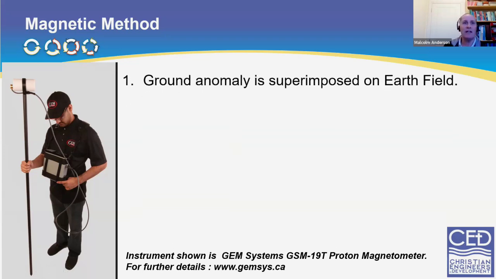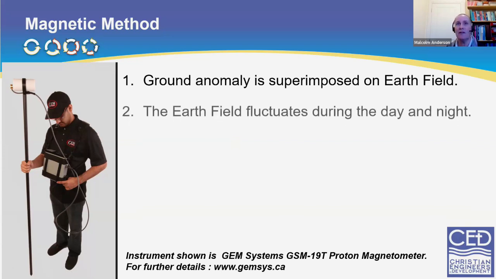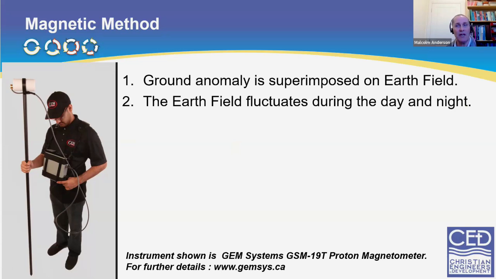And so a bit of detail about how the magnetic method works. The ground anomaly, that is the magnetism of the ground, is superimposed on the Earth's magnetic field. And the Earth field fluctuates during the day and the night.